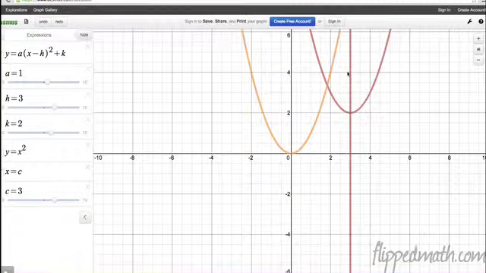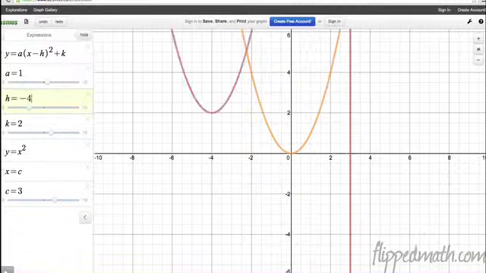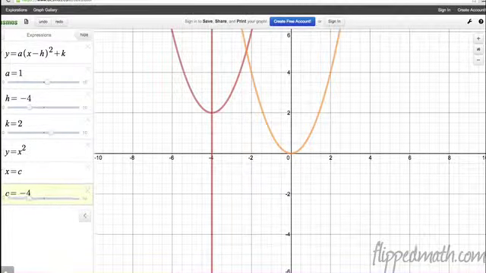All right? The great thing here is that our axis of symmetry is always a line, and it's always going to be whatever our h value is. If I made h negative 4, then I would have to make our axis of symmetry negative 4 to match it. Okay?